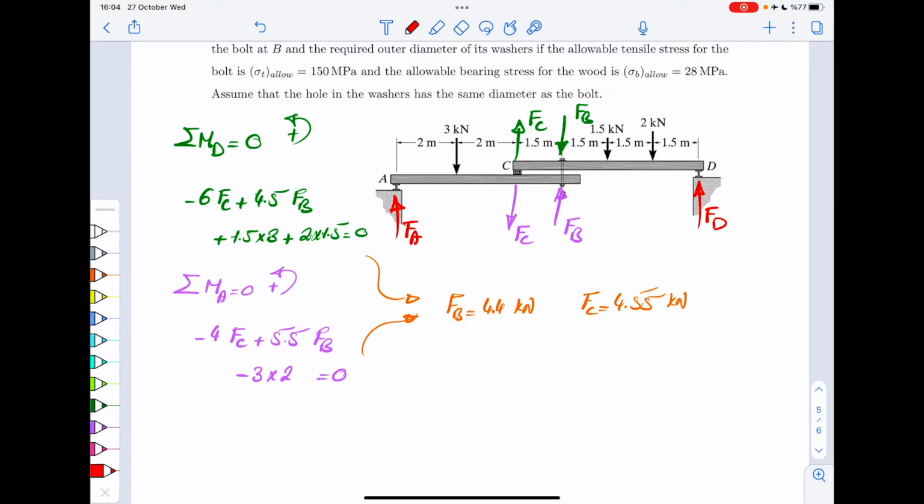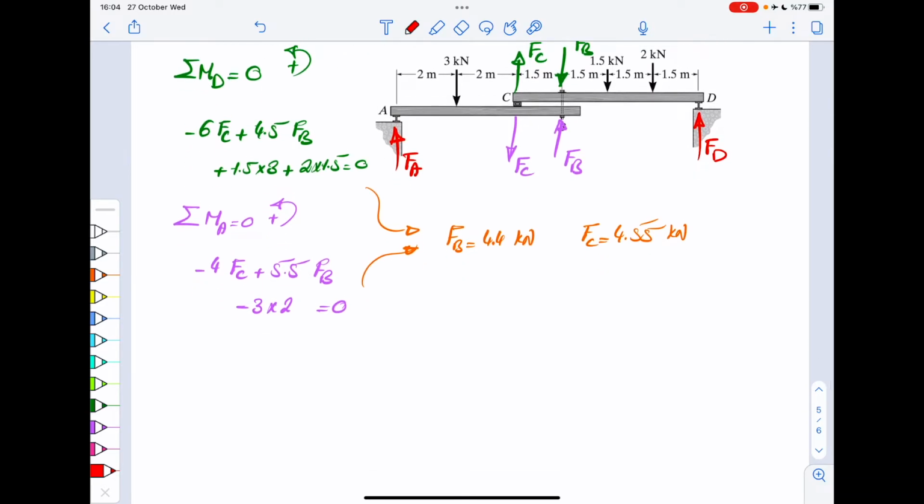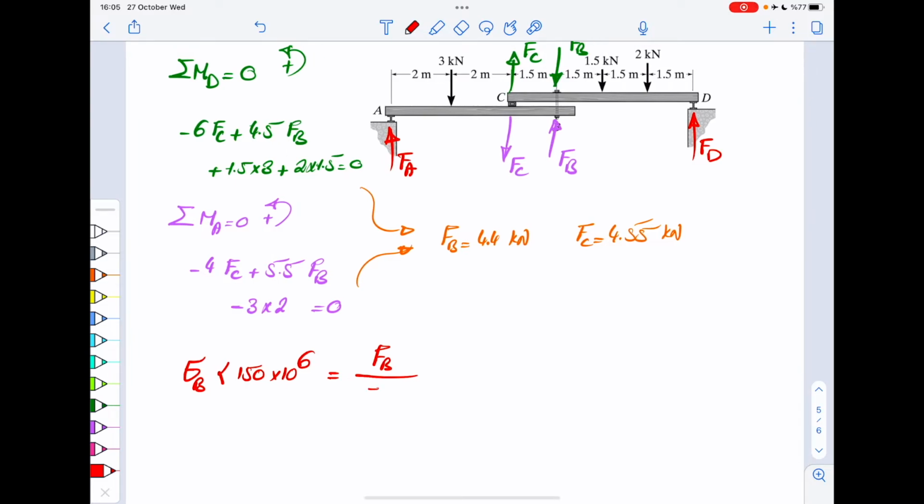So what we want to do now is to make sure that the normal stress within the bolt is less than 150 megapascal, which is given in the example as our allowable stress or tensile stress. And that must be our FB divided by the area of the bolt. The area of the bolt is just pi over 4 diameter squared.